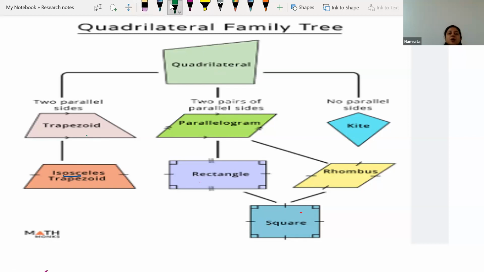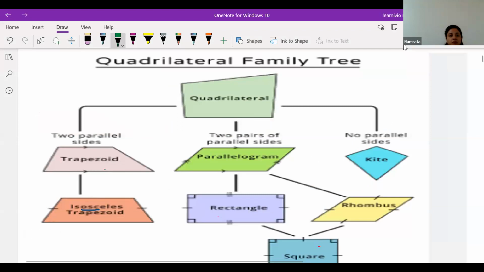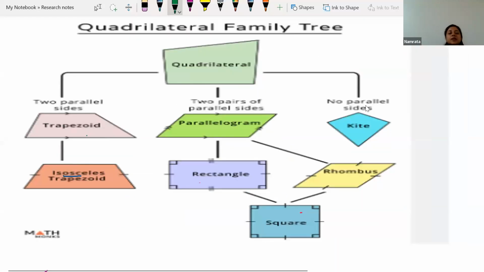Whatever quality or property will be applicable for this quadrilateral, each and every other member of the family will also have that property.